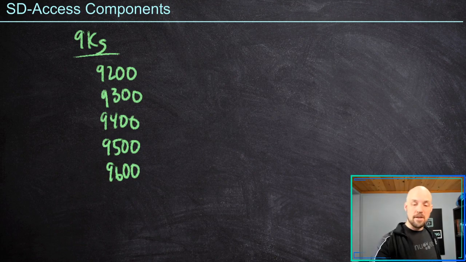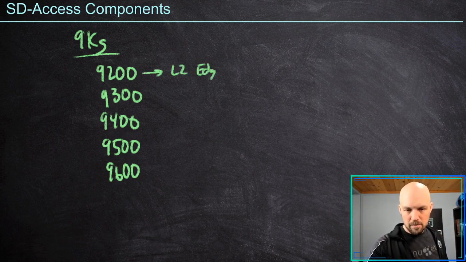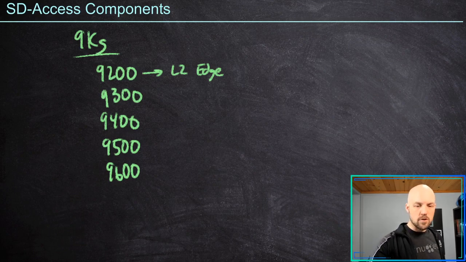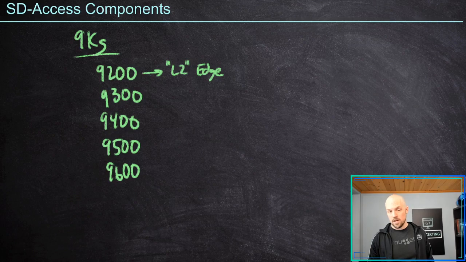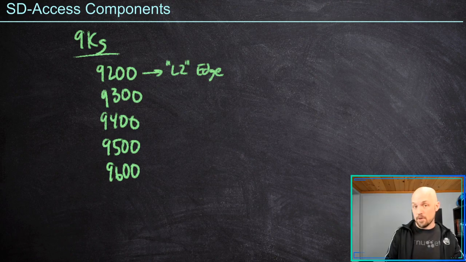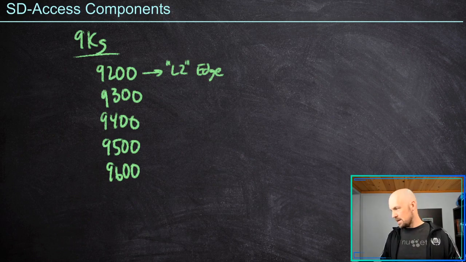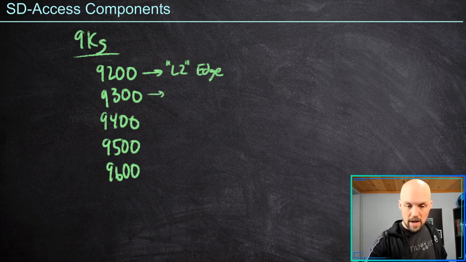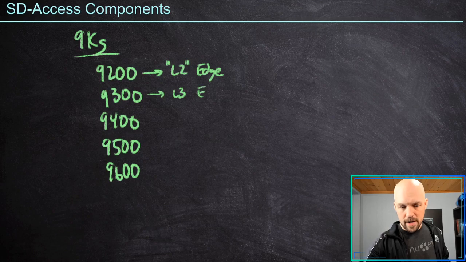And that's what we're going to find with the 9200s, for example: layer 2 edge platforms. Now, layer 2 is going to be in quotes, just like it was for the 2960X, because even though it's layer 2 focused, it actually can run some static routing and such. So there are some layer 3 capabilities on the 9200, but we need to be aware that it's not really its intended design.